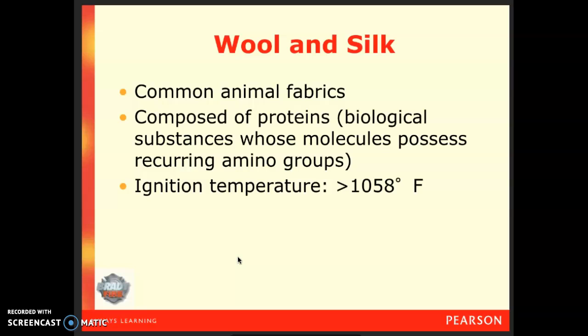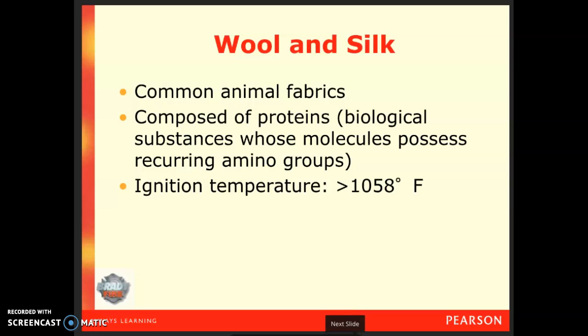It's not as simple of a pattern as we might be led to believe, where it's A, then B, then A, then B. There are 20 different amino acids, and they all can be inserted in different places along the way. But they do have some pretty interesting properties, and like other polymeric materials, they will burn, and their ignition temperatures come in somewhere around 10 to 50 Fahrenheit, a little bit higher.